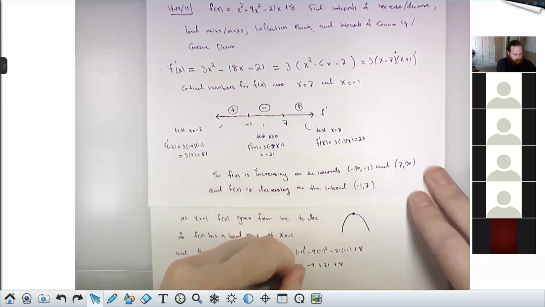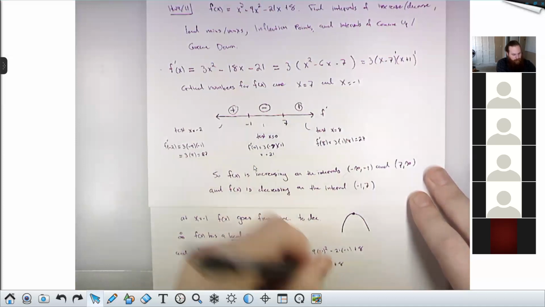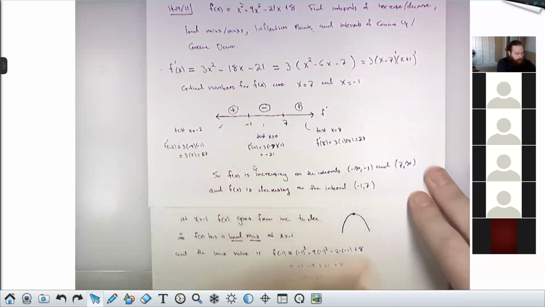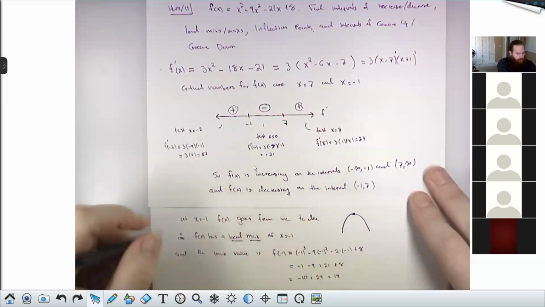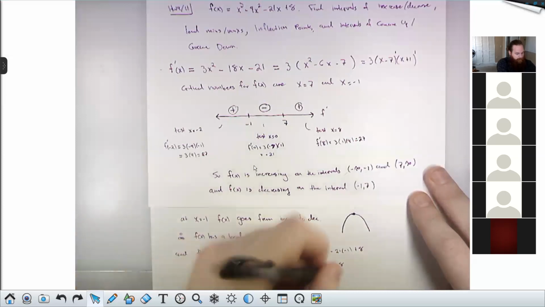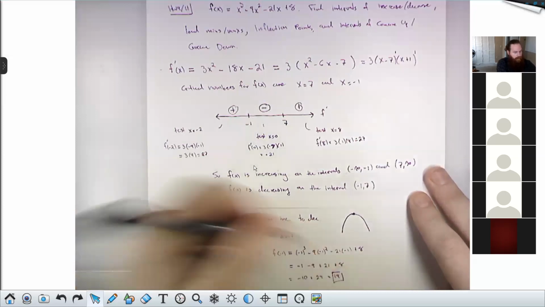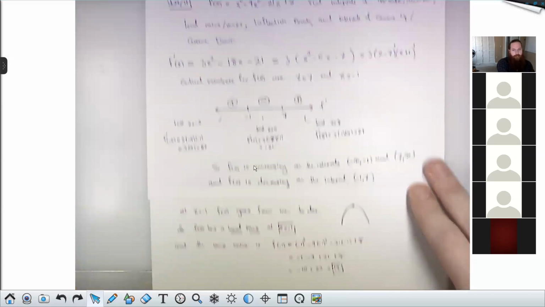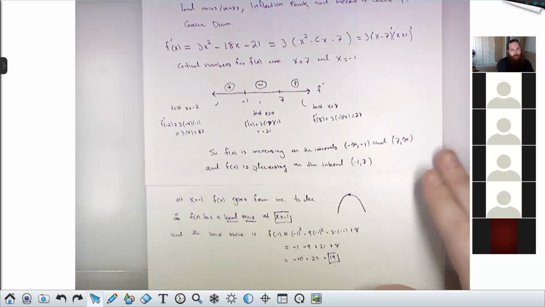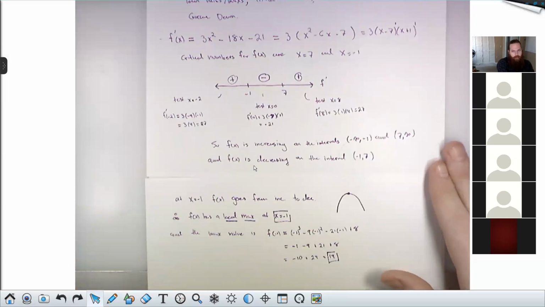So that's -10 plus 29. That's positive 19. So the max value is 19. And we have a local max at x equals -1. This is called the first derivative test.